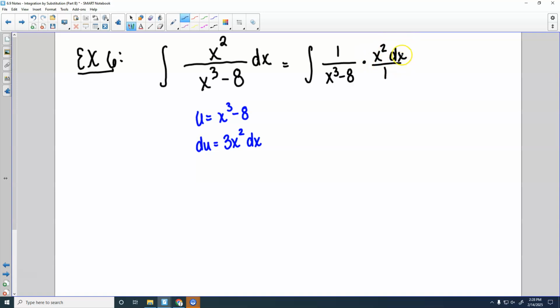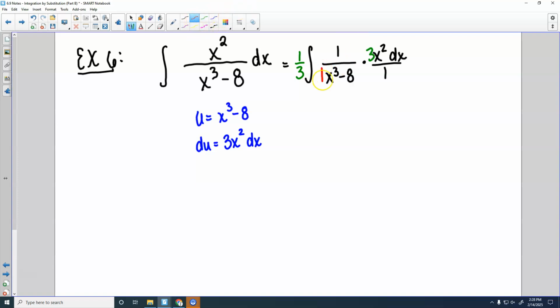So I've pretty much got my du over here. I just need a 3 with it, which means I need a 1/3 out front. So whatever is in the numerator of that fraction can sort of be pulled over to the side to go with the dx there.